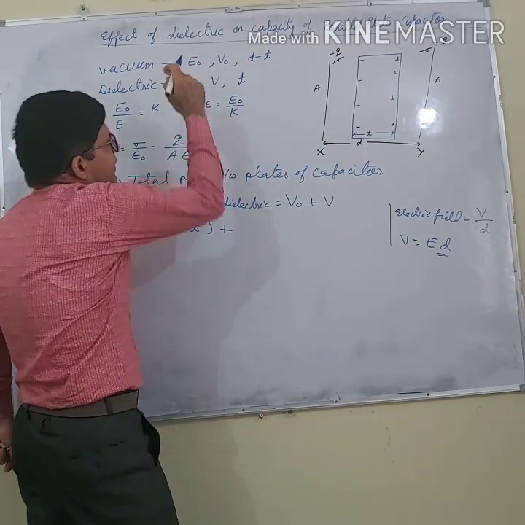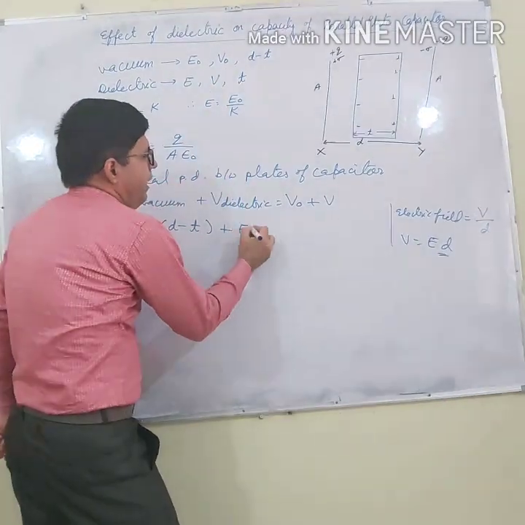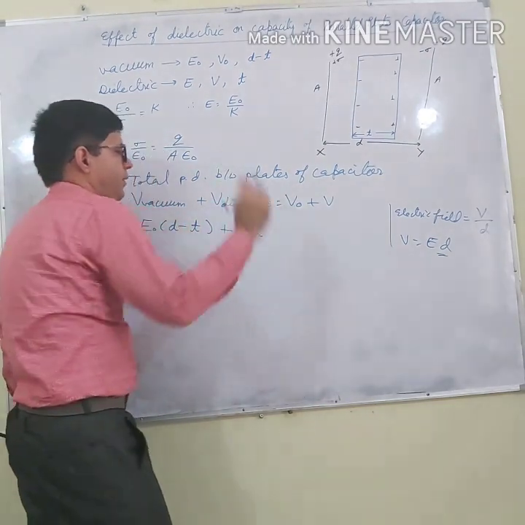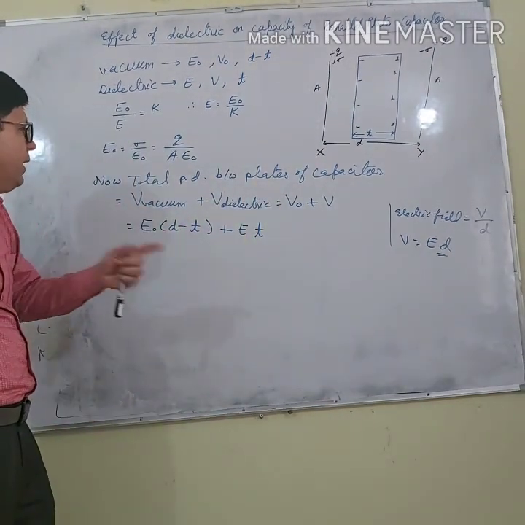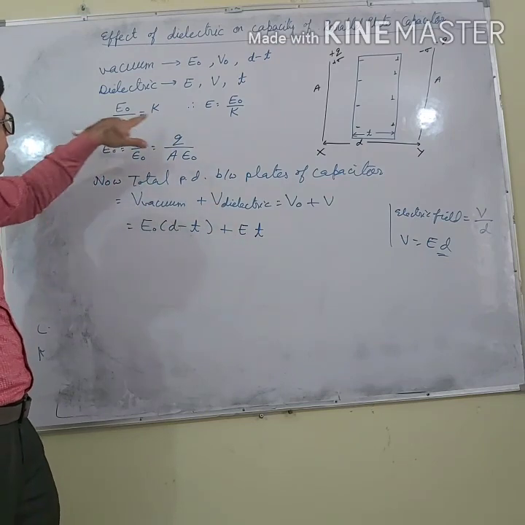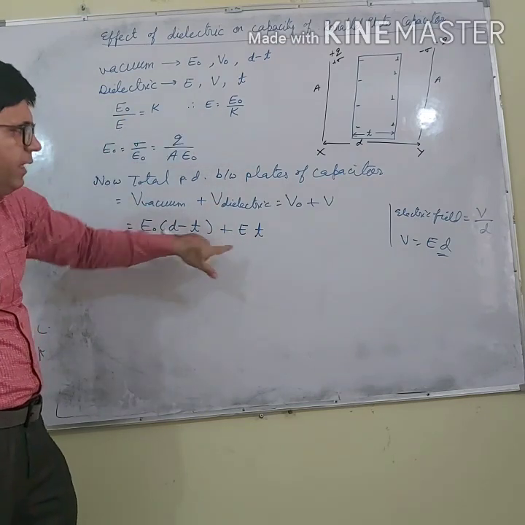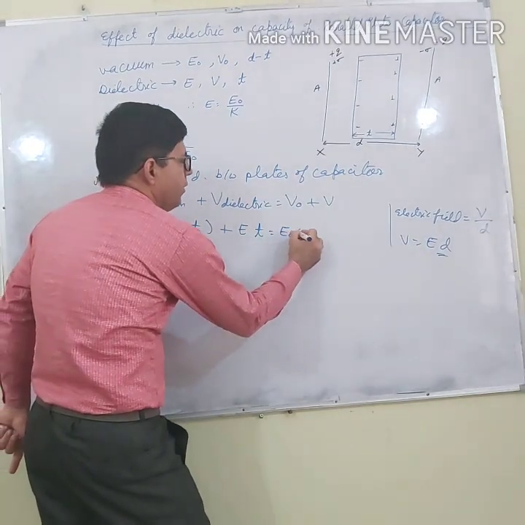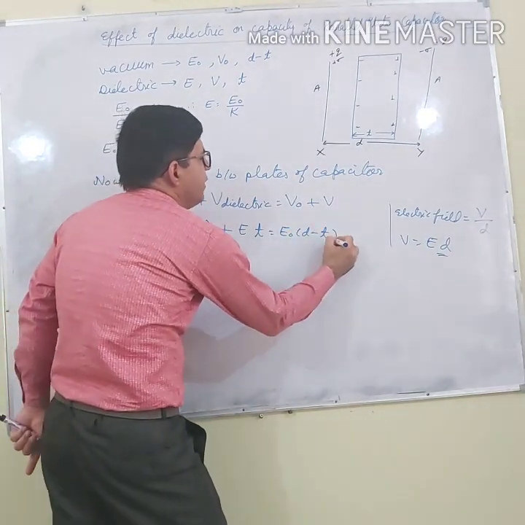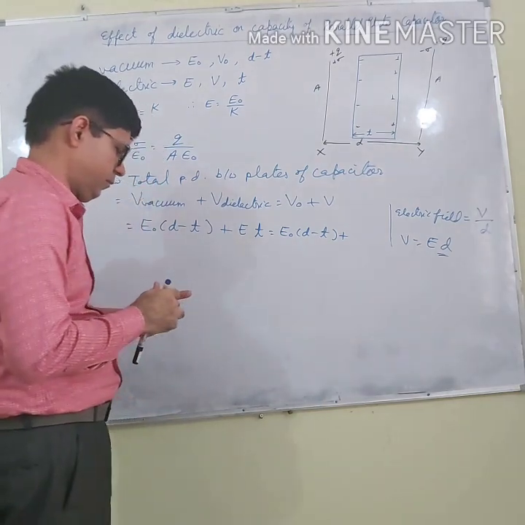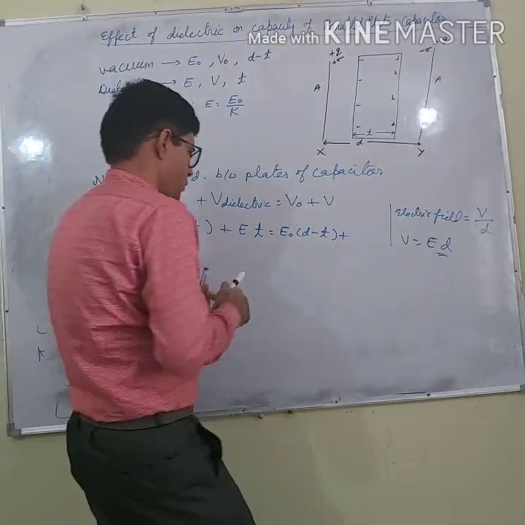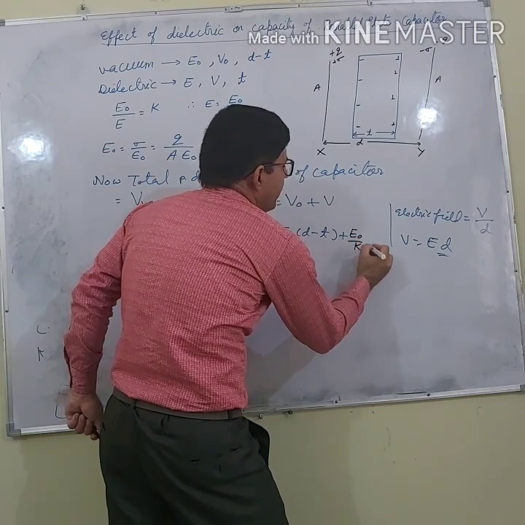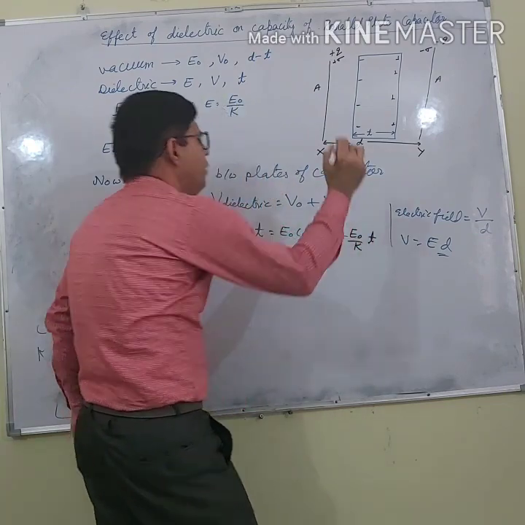The electric field is E and the thickness is T. Right? Now here E equals E naught by K. So let me write E naught into D minus T plus E naught by K into T.